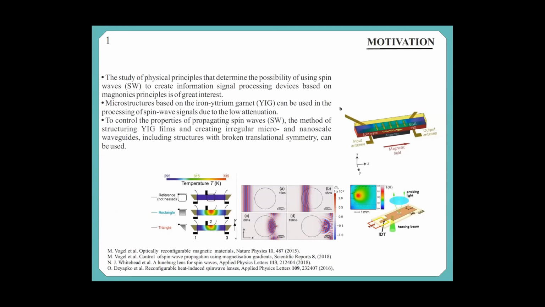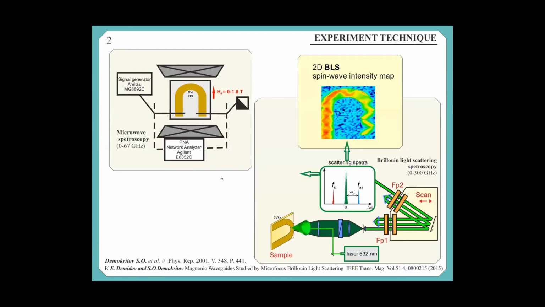Methods of structuring YIG films to create irregular micro and nanoscale waveguides, including structures with broken translational symmetry, can be used. In this work, the research will be carried out using experimental techniques, microwave spectroscopy and Brillouin light scattering spectroscopy.